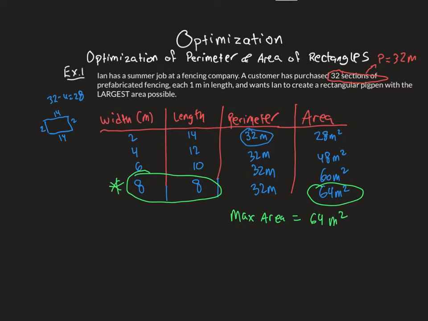So what do we notice as our width and our lengths were getting closer and closer to being equal? The area was getting bigger and bigger. So this shows us one important fact, that is, a square where all sides are equal will always give you the max area.